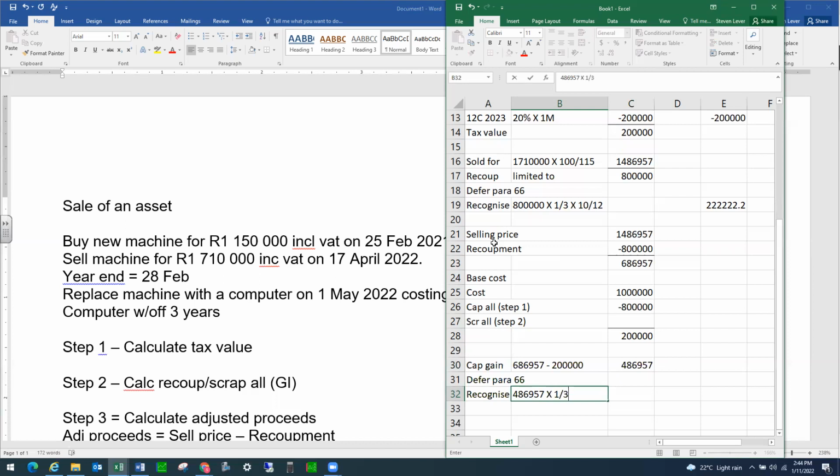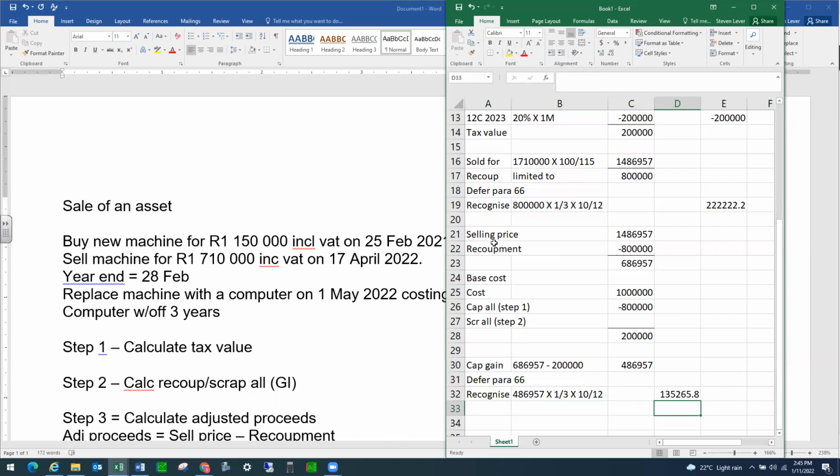It's 1/3, 10/12. So you defer the recoupment and the capital gain. Yes. So my answer would be plus 486,957 divided by 3 times 10 divided by 12. There we go. And that's your capital gain that you show.